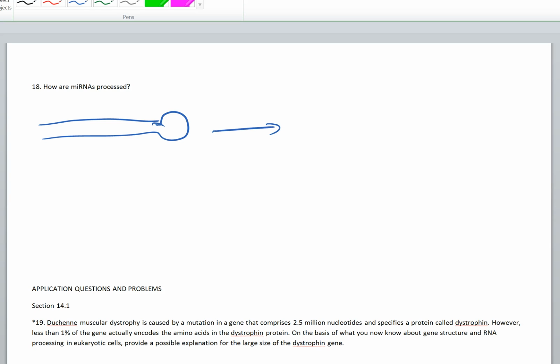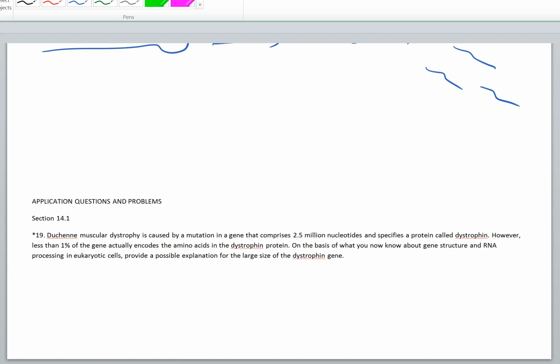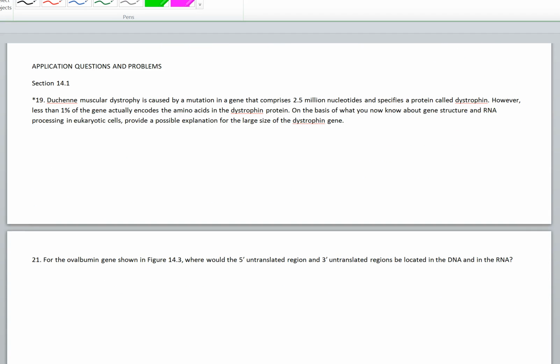And then after dicer, it gets cleaved into a smaller thing, and then eventually it gets cleaved into these single-stranded things. So it goes through a single-stranded sort of hairpin loop first. I would just recommend you look at the book for the details of how that gets spliced.